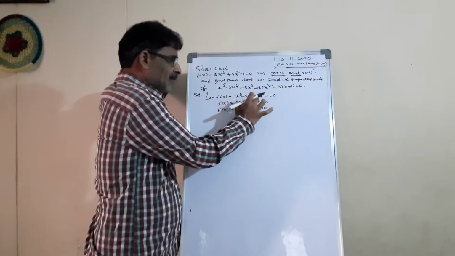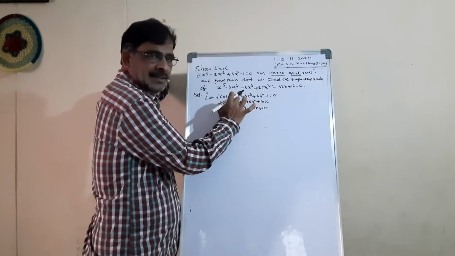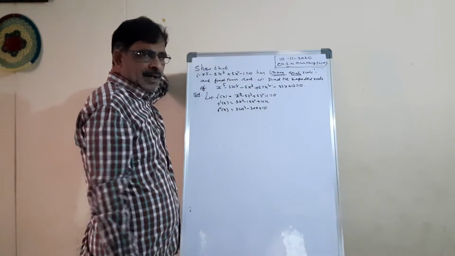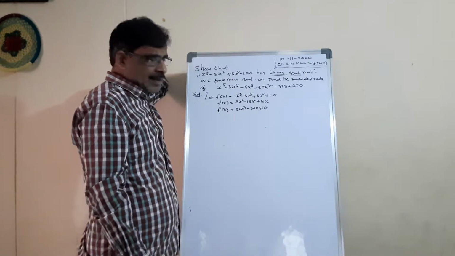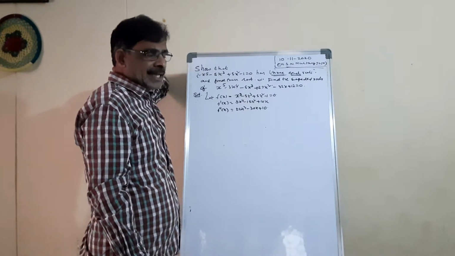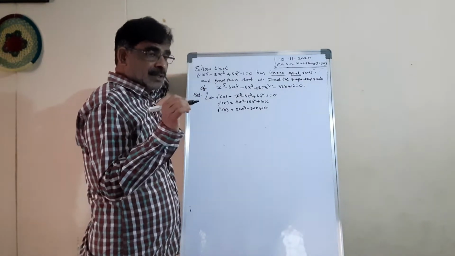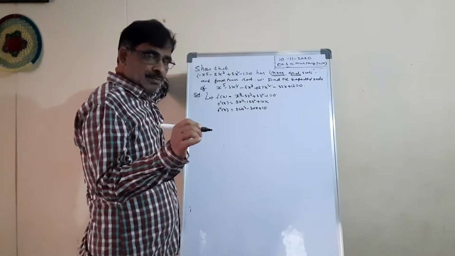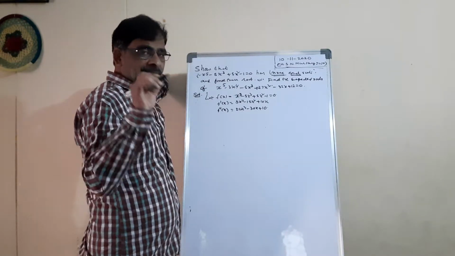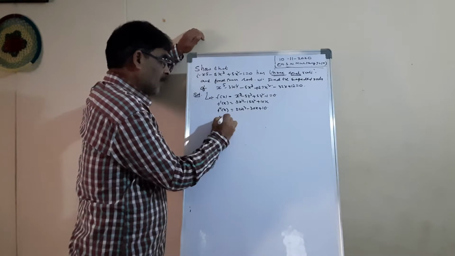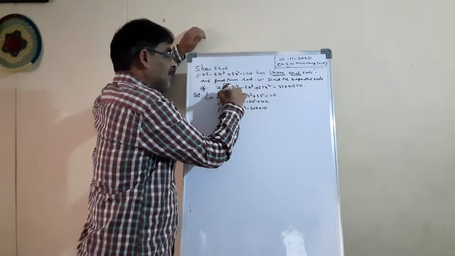Actually, the sum of the coefficients of this equation equal to 0 means 1 is the root. In 10th class, we studied that if the sum of the coefficients is equal to 0, then x minus 1 is a factor. So, let me try for f of 1. You substitute 1 in the f of x value.